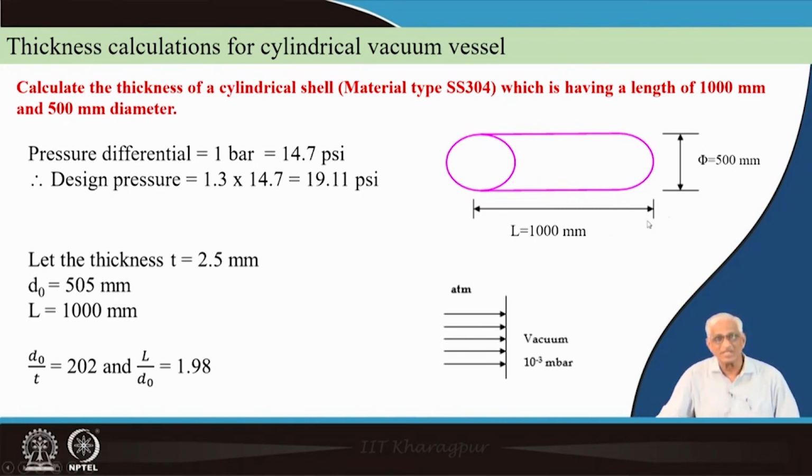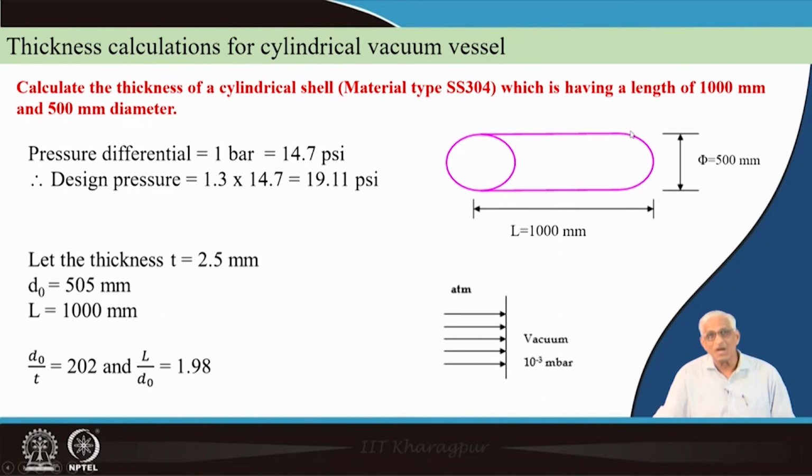In our present case, L is 1000 millimeter, Di is 500 millimeter, plus the assumed thickness, which we have to finalize now. Let us guess a thickness of 2.5 millimeter to start with. This is the starting point.